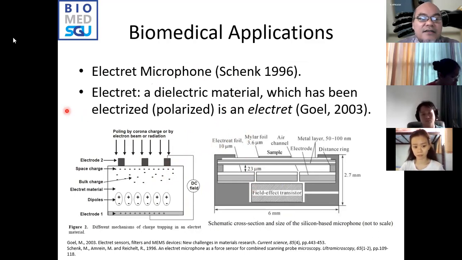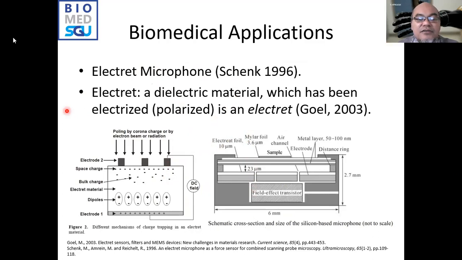So in this case, then you would use the capacitive sensor as an electret microphone. Electret is basically a dielectric material which has been electrized or polarized, where the charges are moving in different directions. Positive charge moves to one, and negative charge to the other direction, and that's why it is called an electret.